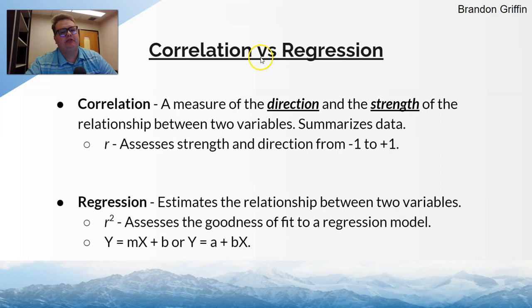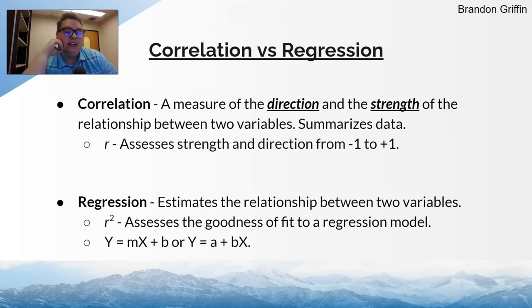So correlation versus regression. Correlation is a measure of the direction and the strength of the relationship between two variables, and it summarizes the data. The statistical measure that is used for correlation is Pearson's r, and it assesses the strength and direction from -1 to +1. So variables can be either positive or negative, and they can either be weak or strong in that specific direction. And there can be no relationship either.